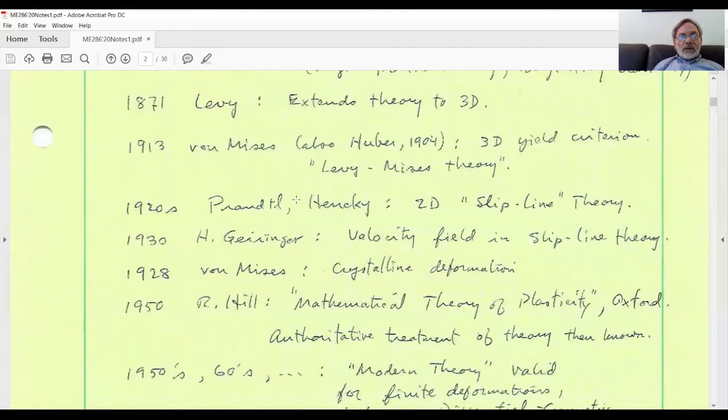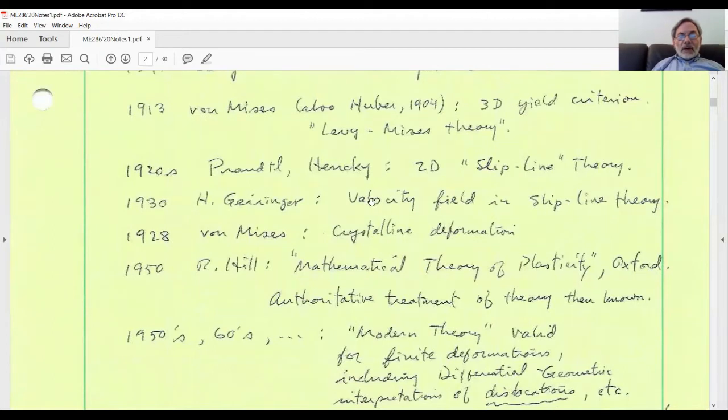A bit later in the early 20th century, Prandtl, whose name you're familiar with in the context of boundary layer theory and fluid dynamics, developed a very elegant two-dimensional theory, a plane strain theory called slip line theory, which we will discuss at length in this course, for which there's a vast literature and a subject that has interesting mathematical features.